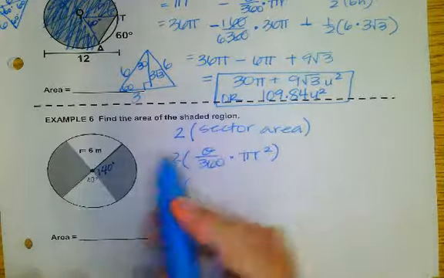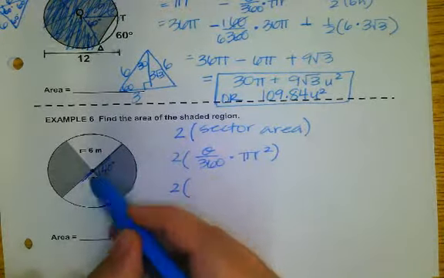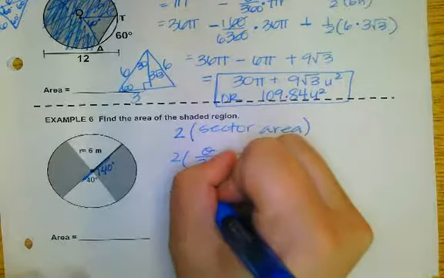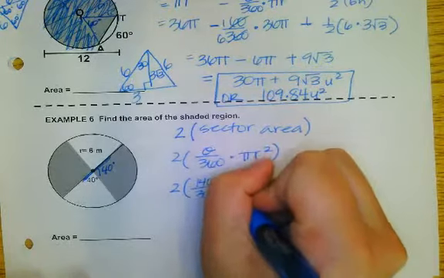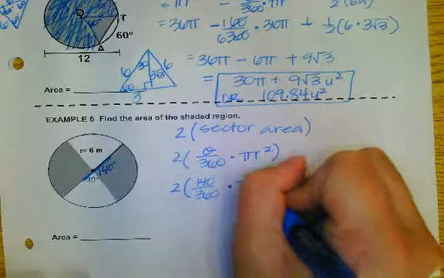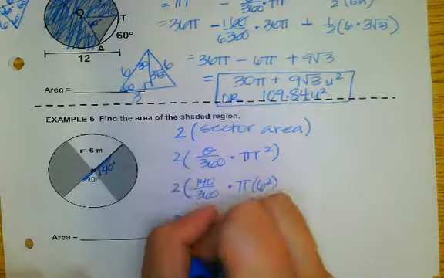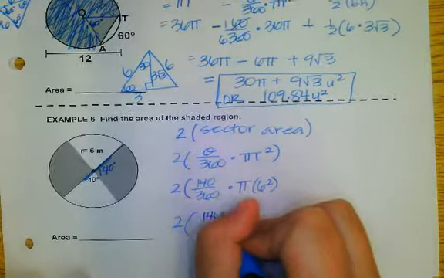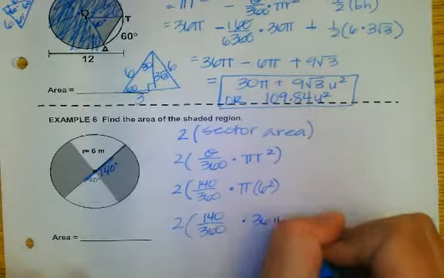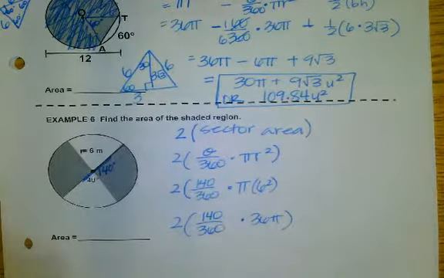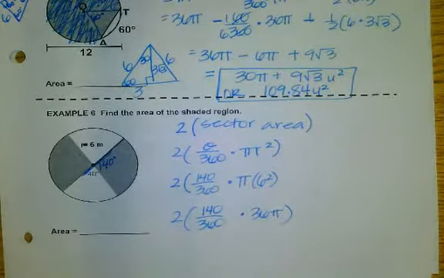So I have 2 times 140 over 360 times 36 pi. Leave it in terms of pi. If you multiply by 2, 28 pi. Oops, meters.